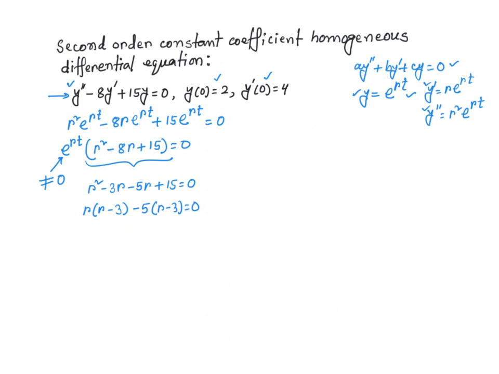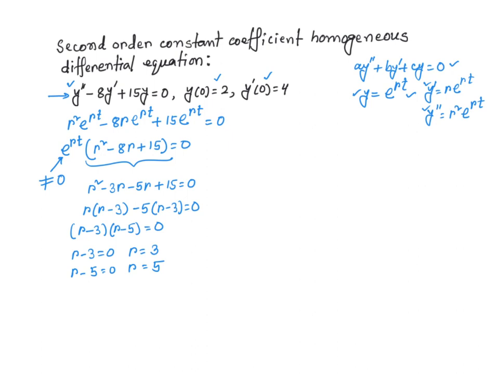That is equal to 0. So if I factor out r minus 3, I'm going to be left with r minus 5 is equal to 0. So that tells me either r minus 3 is equal to 0, in that case r is equal to 3, or r minus 5 is equal to 0, in that case r is equal to 5.